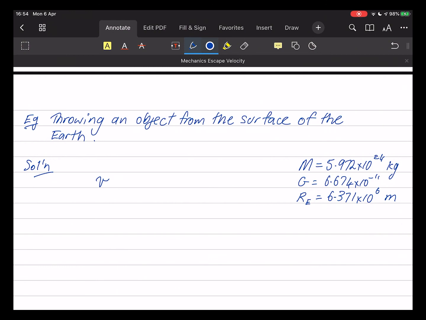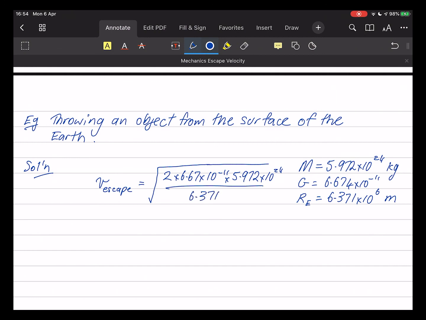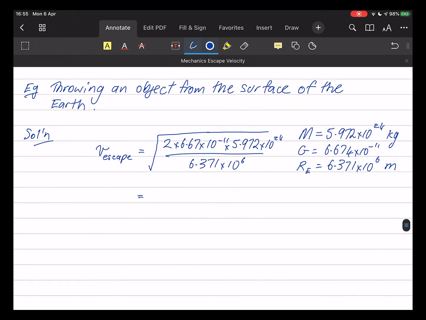So our escape velocity, let's just make it clear, has got to be greater than, should really put greater than or equal to, the square root of 2 times G, which is 6.674 by 10 to the minus 11, times the mass of the Earth, 5.972 by 10 to the 24, all on the radius, 6.371 by 10 to the 6, which comes out to be 1.119 by 10 to the 4 meters per second.